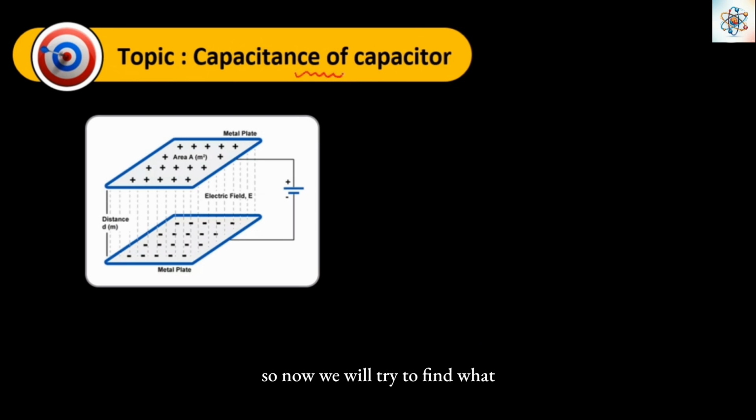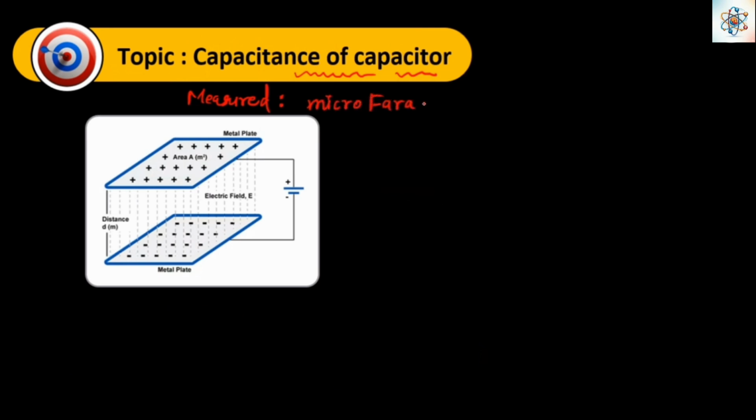So now we will try to find the capacitance of the capacitor. Like how can we actually measure it? It is generally measured in terms of microfarad. This is how it is represented.